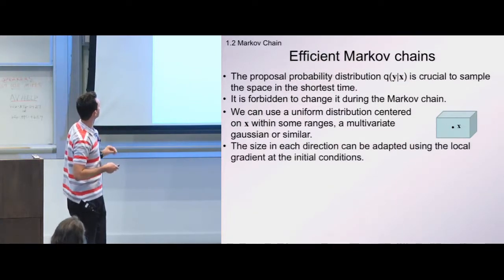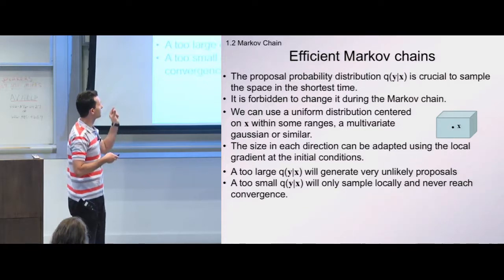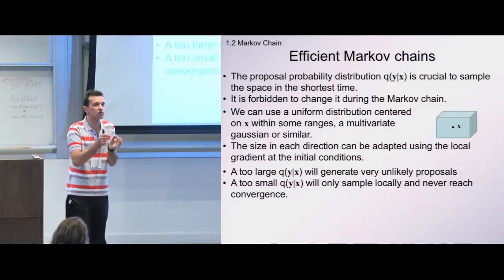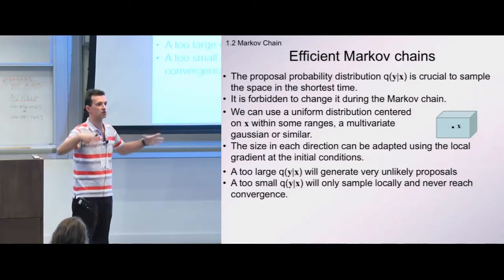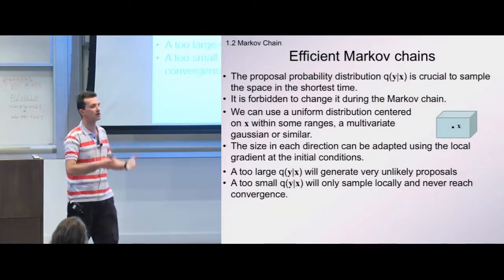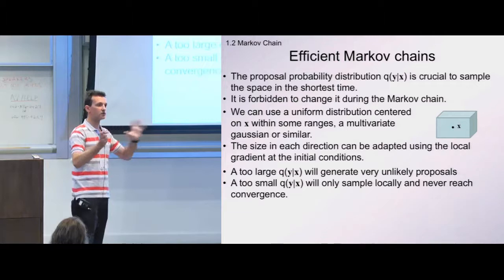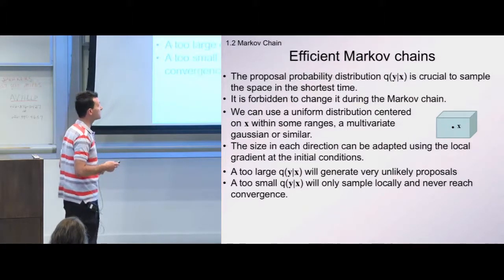But if, on the other hand, your proposal probability distribution is too small, then your exploration will be very local, and we will not explore all the available region in your parameter space. So your Markov chain will never reach convergence. You have to balance between the two opposite situations and choose something in the middle.